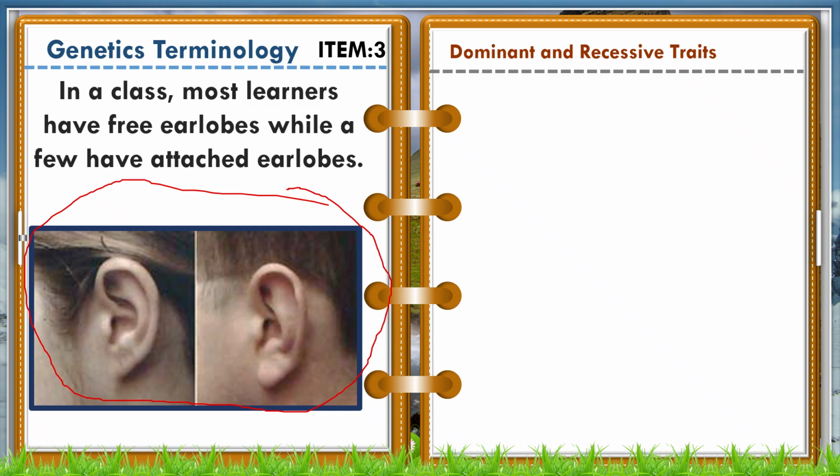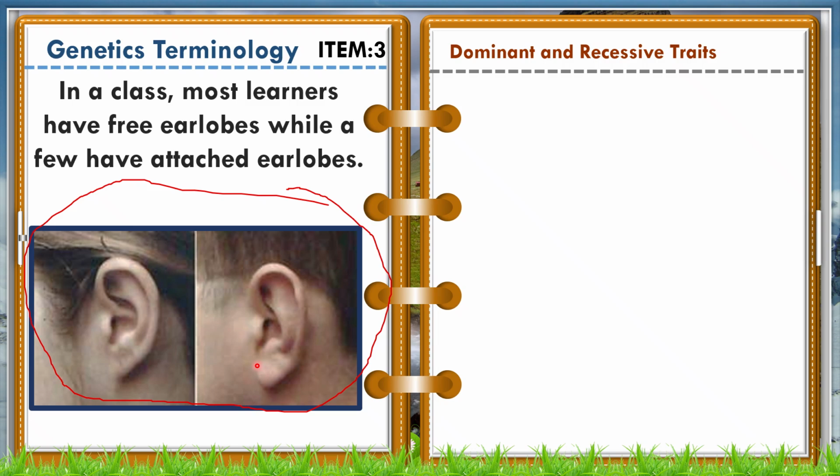Now, when you look at this ear here, the earlobe comes directly and attaches itself to the skin. That one is called an attached earlobe. Whereas if you look at this one, the earlobe comes and forms a curve. Then after the curve, that's when it attaches itself to the skin.